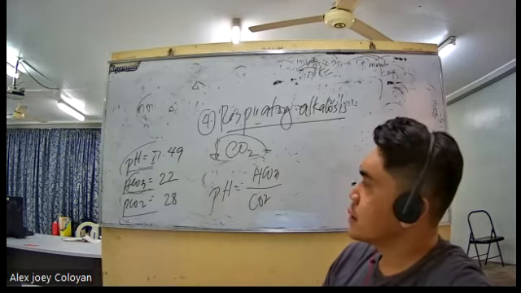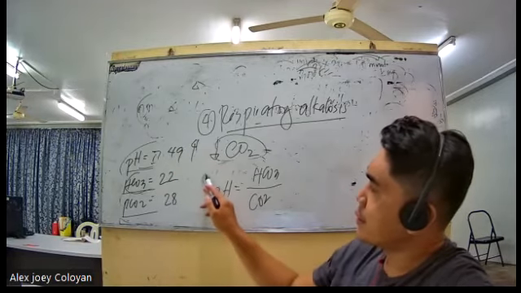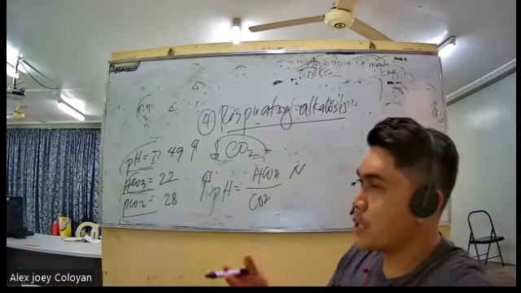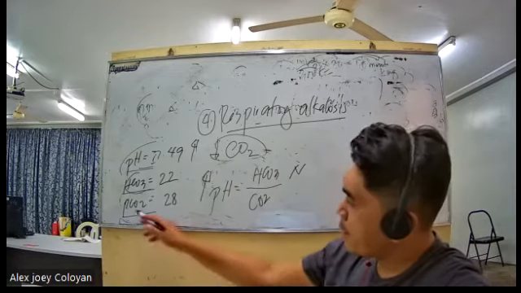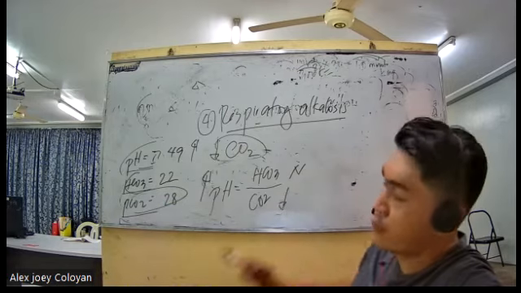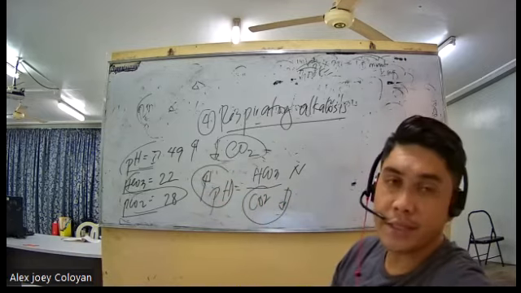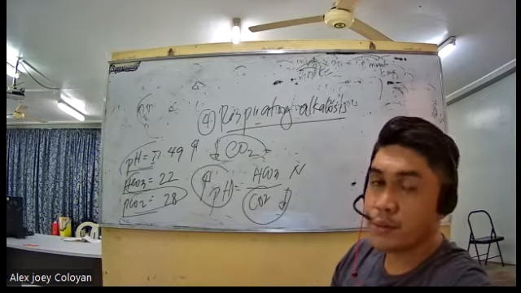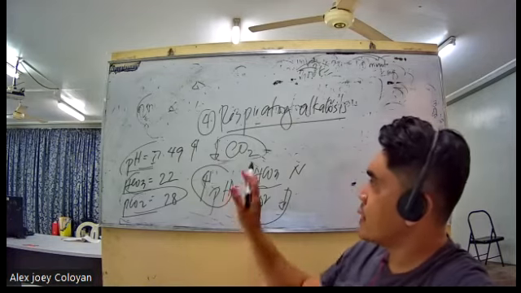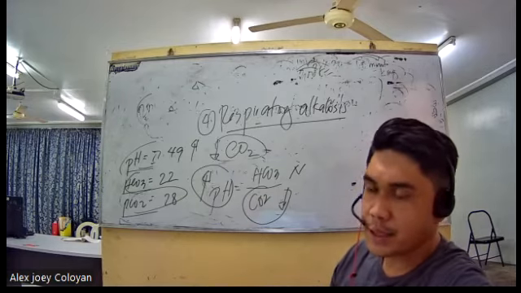Okay. So for this one, the pH is above normal, so it's increased. Bicarbonate is normal, so meaning there's no compensation yet. And the PCO2 level is below normal. So this one is the cause of the increase in pH. Okay, decreased CO2 level due to hyperventilation. Okay, so this one is uncompensated respiratory alkalosis.